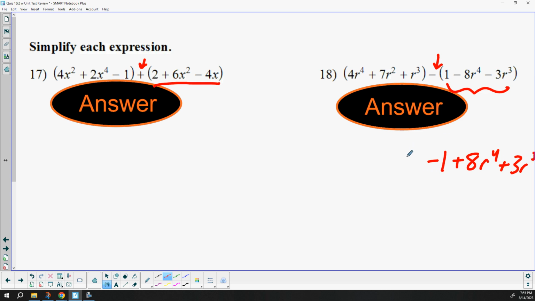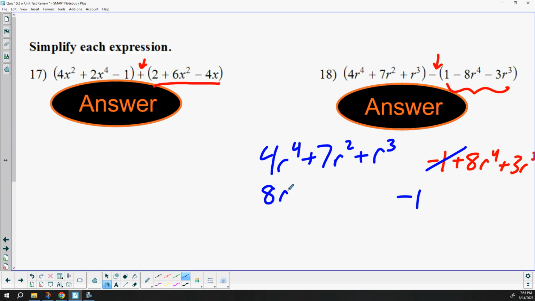And then for kicks and grins, I'm just going to bring this down. Add your like terms. Negative 1's not going to go anywhere, so I'm just going to put it off to the side. 8r to the 4th will go right there, like terms. Skadoosh. 3r cubed, that's going to go right here with the 3r cubed stuff.